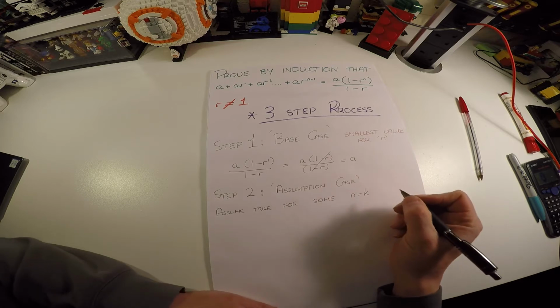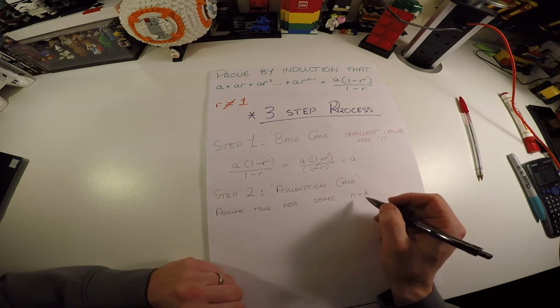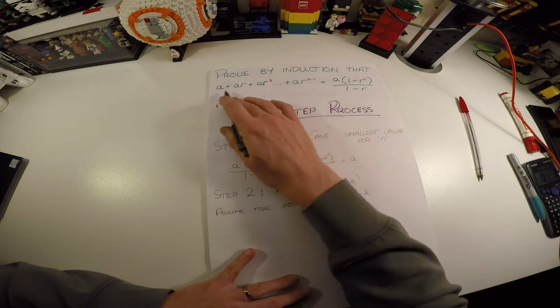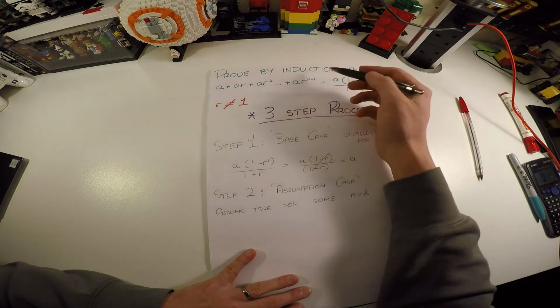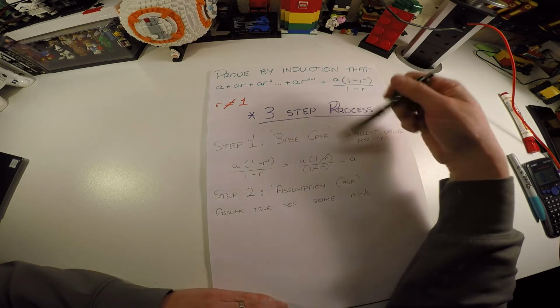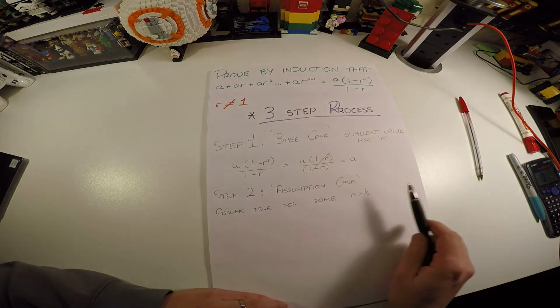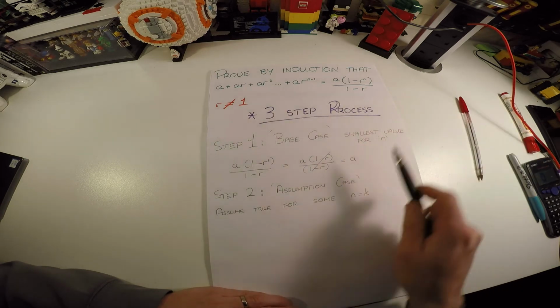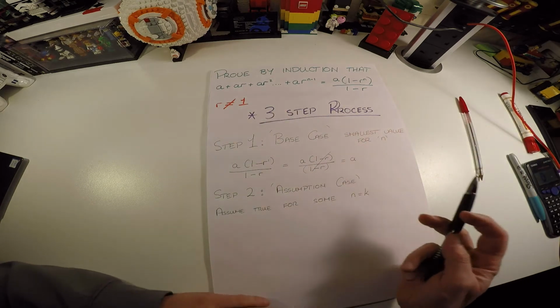So you may think, why am I replacing n by k? What difference does that make? Well, n stands for any term, natural numbers, and that'll be important in a minute. k just means a specific term. So whatever n, we were talking about any term k. We don't know which term it is, so just some nth term k.